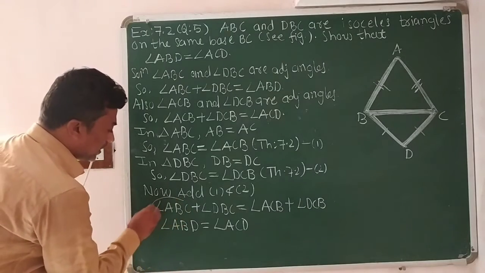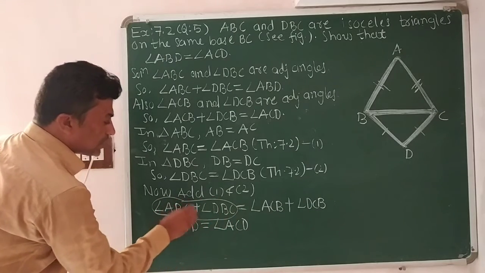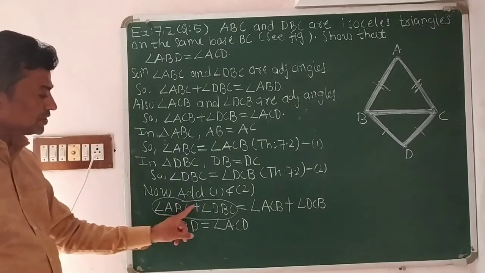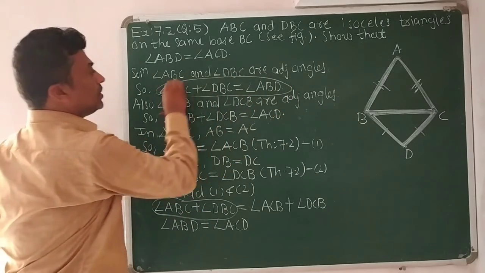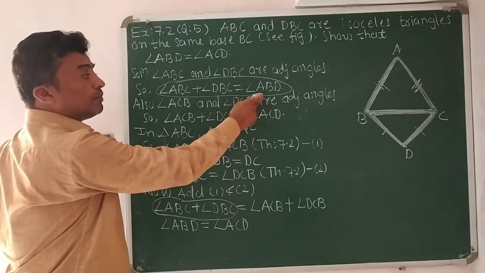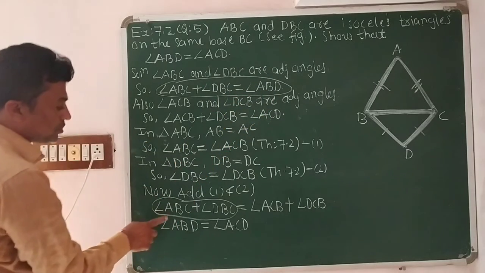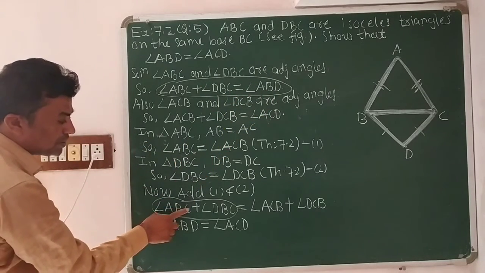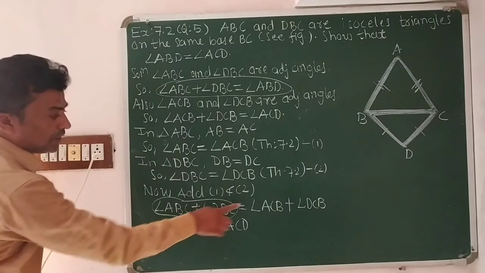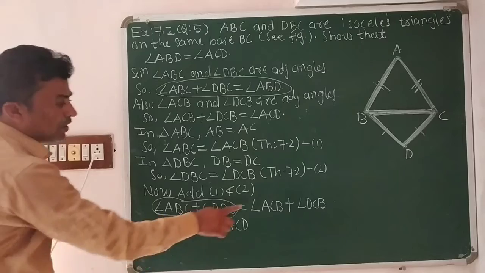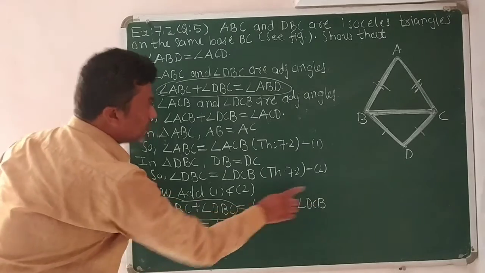Now see children, angle ABC plus angle DBC. What we proved? Angle ABD. So instead of angle ABC plus angle DBC, we can write angle ABD is equal to angle ACB plus angle DCB.